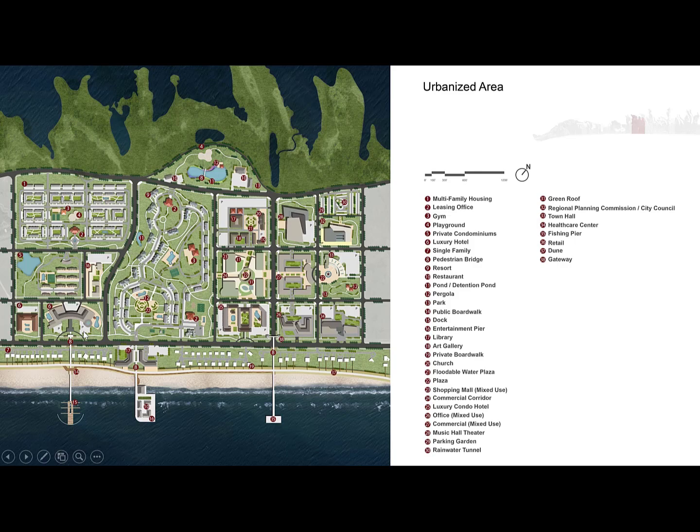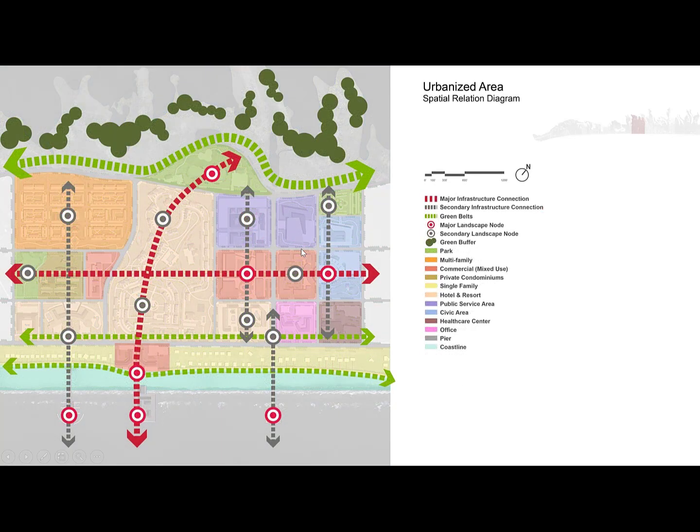But again, we have clearly labeled all the different programmatic elements we want to do. Here's the transportation hierarchy and all the major nodes that we're trying to create. And around those nodes, we create major buildings, points of interest, destinations, chains of destinations.